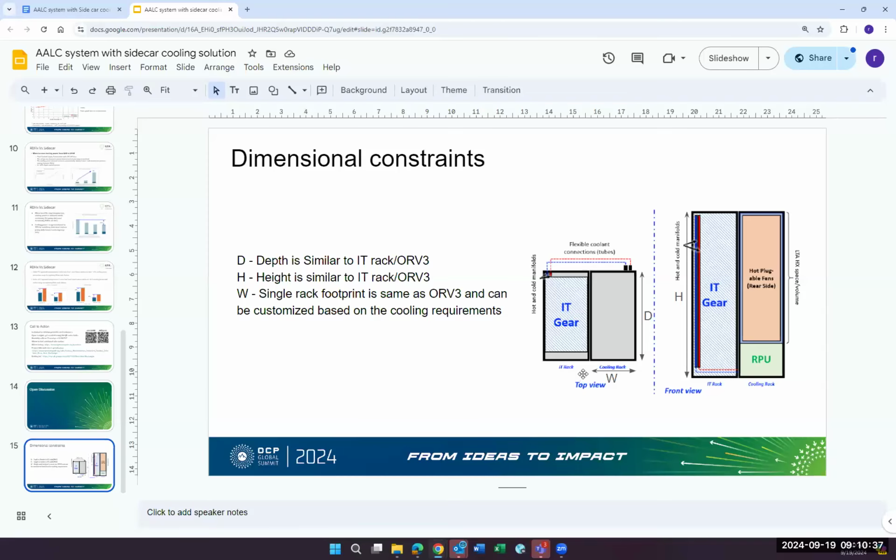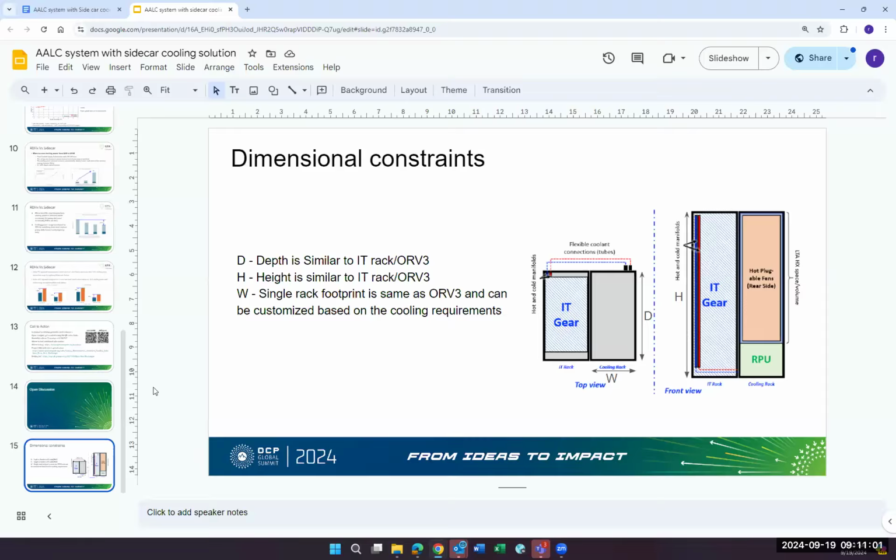So as the single phase heat exchanger, right? Yes. The only thing that I was puzzled about is that last discussion we discussed that the width is 800 millimeters, but the ORV3 is 600 millimeters only. So I'm not sure if we are correct with all the other dimensions.